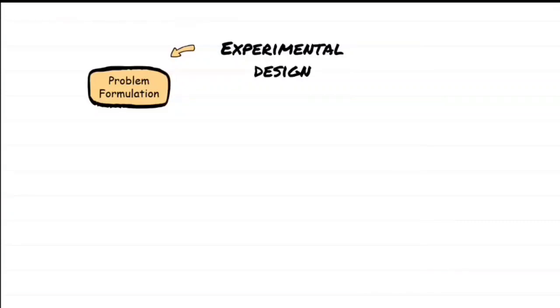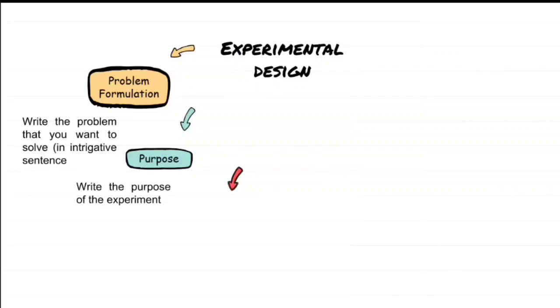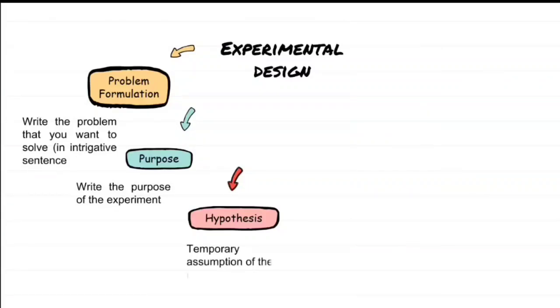It consists of problem formulation: you should write the problem that you want to solve in an interrogative sentence. Then purpose: write the purpose of the experiment. And third is hypothesis: a temporary assumption of the result of the experiment.